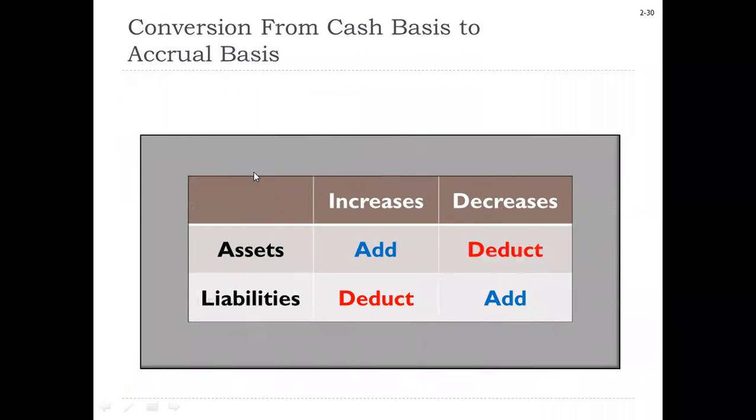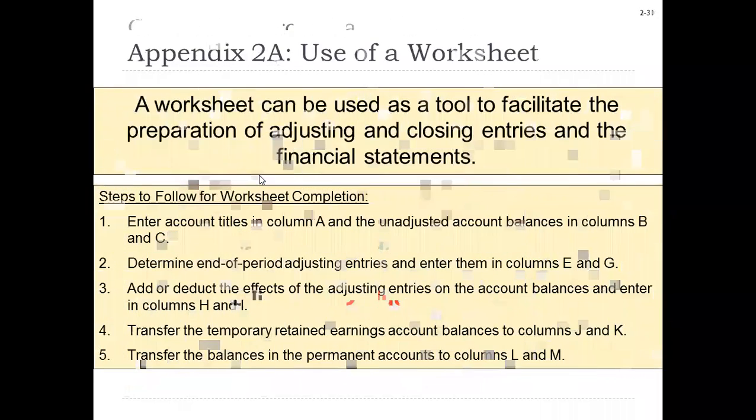Don't worry so much about this conversion from cash to accrual. We're not really going to do the appendix. All this basically says is you can do a worksheet, and there's a certain format for that worksheet to make the process simpler for doing and recording the adjusting entries and recording the closing entries. So it's just a place where you can do all of those transactions in one place.